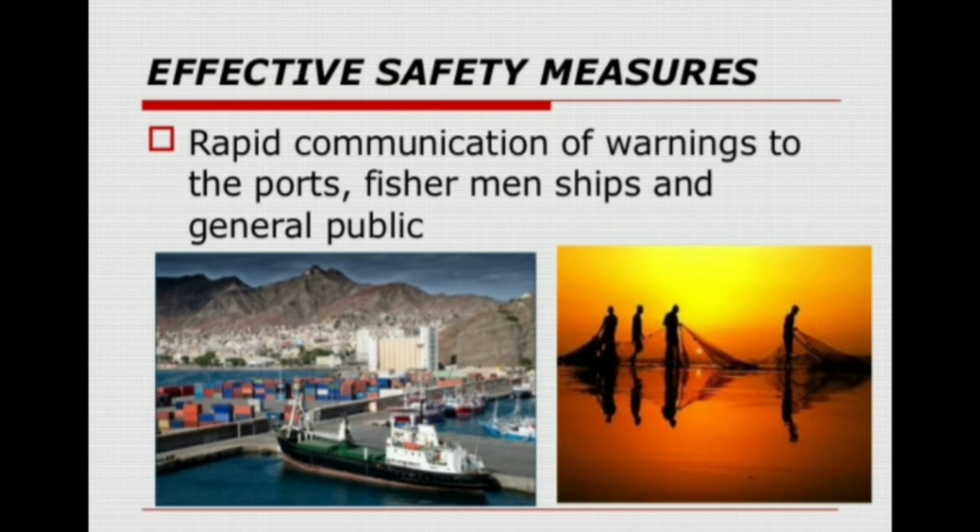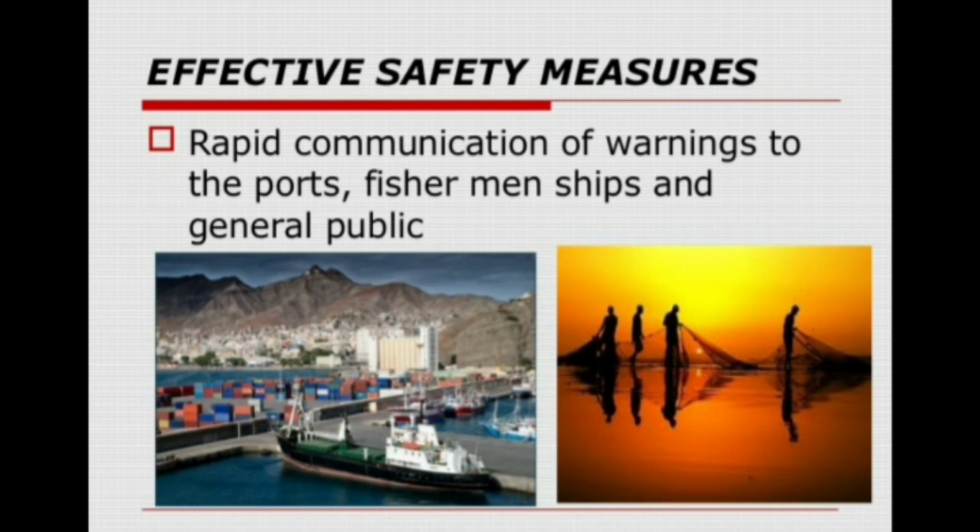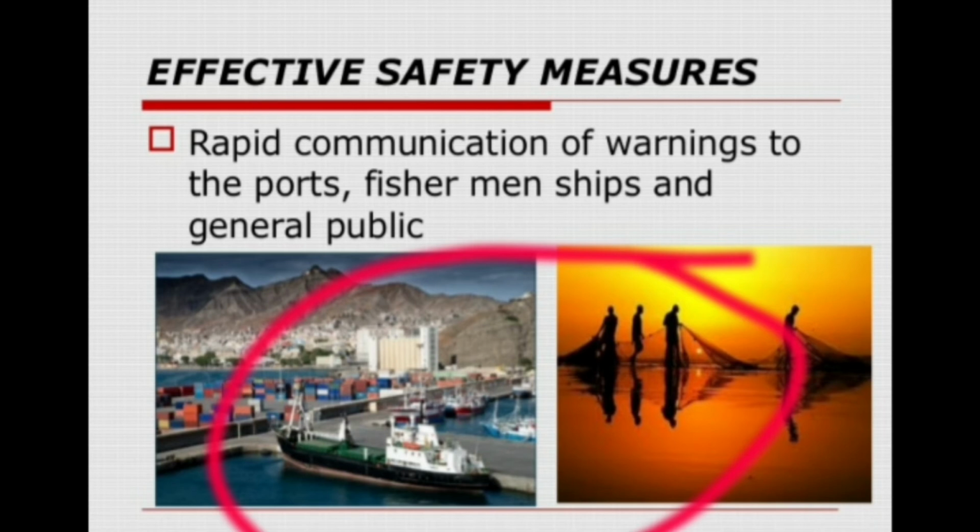A cyclone forecast and warning service. Rapid communication of warnings to the ports, fishermen, ships, and general public. And construction of cyclone shelters in the cyclone-prone areas and administrative arrangements for moving people fast to safer places.